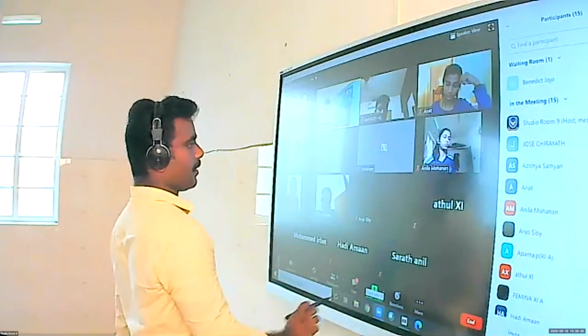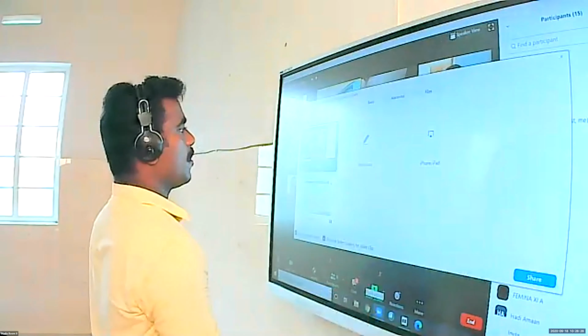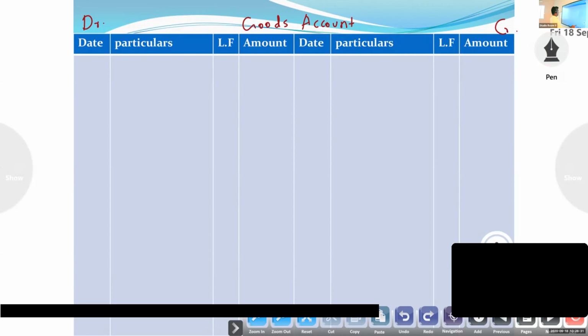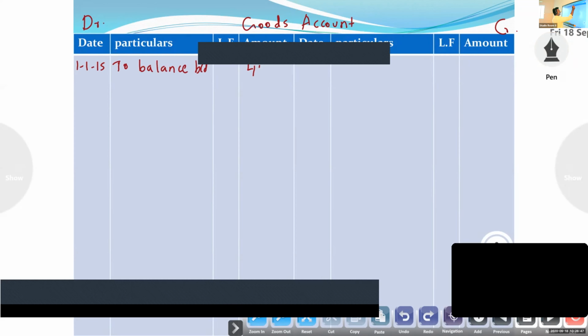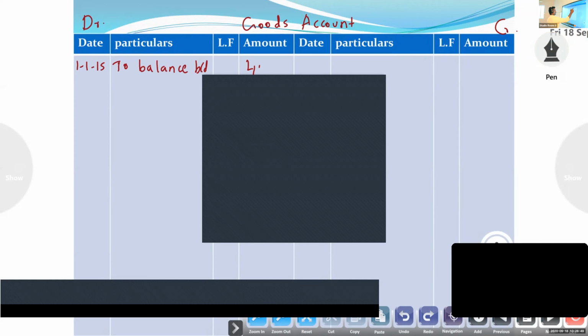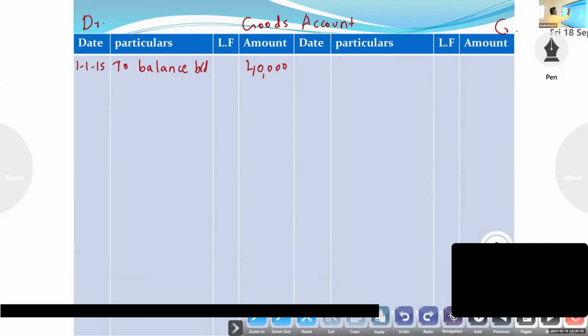Goods account, opening balance. So which side? Debit side, to balance BD, amount 40,000. Any other goods? No goods. So we have to balance.